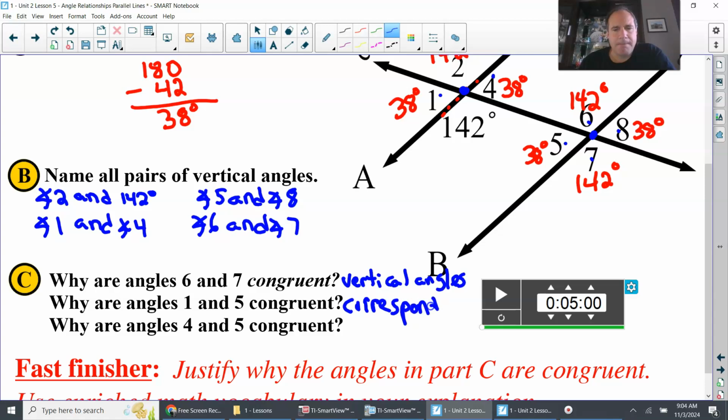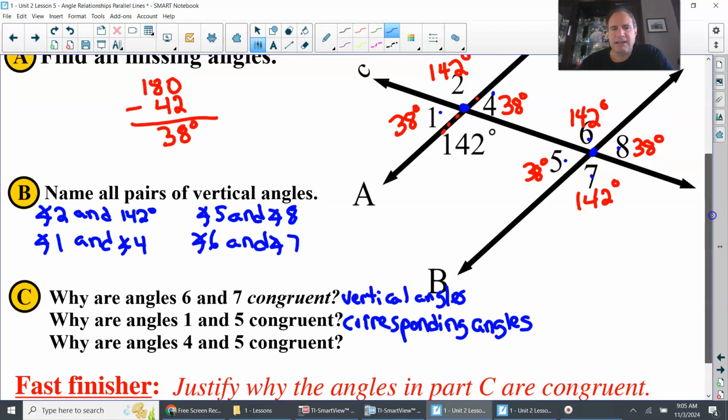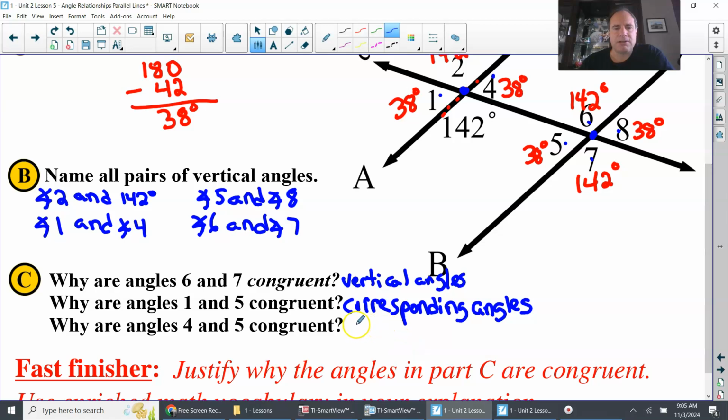And they're corresponding angles. Why are 4 and 5 congruent? Inside the parallel lines and across from each other. Those are alternate interior angles. And that is basically everything.